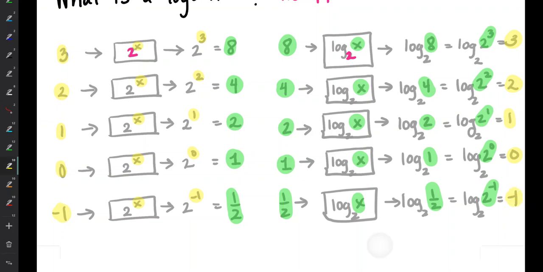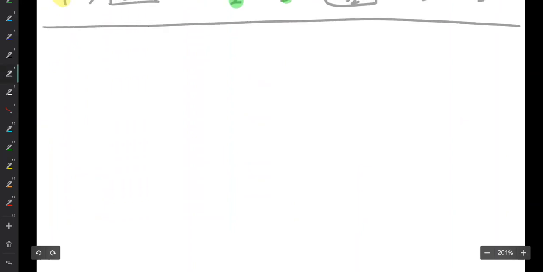Okay? So what I think is helpful to remember, if you remember what exponential functions do, for an example, 2 to the x, here's your exponential function. What goes in are these exponents.